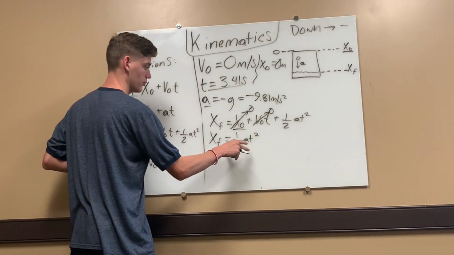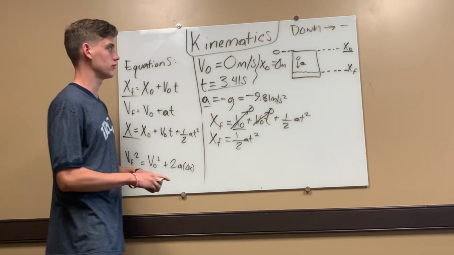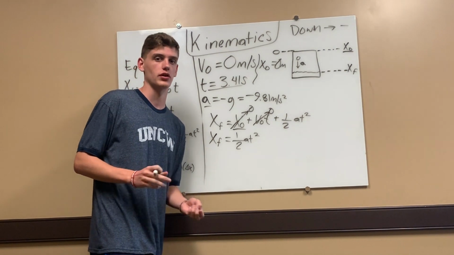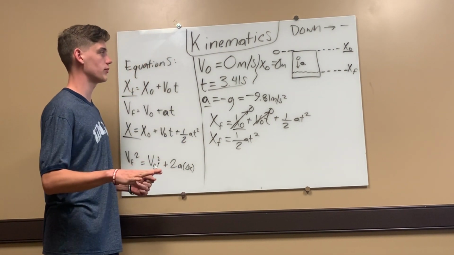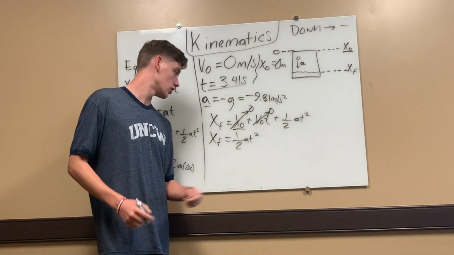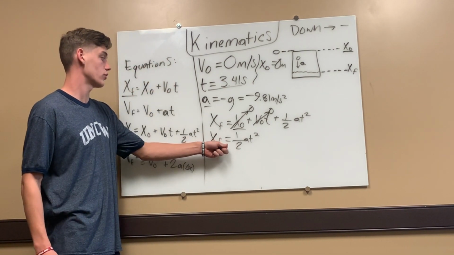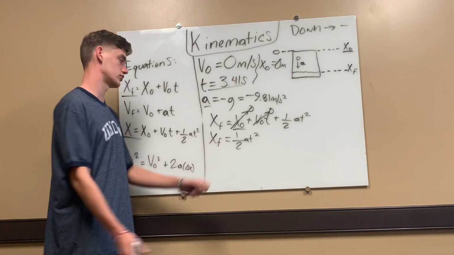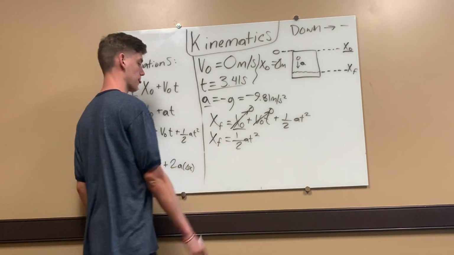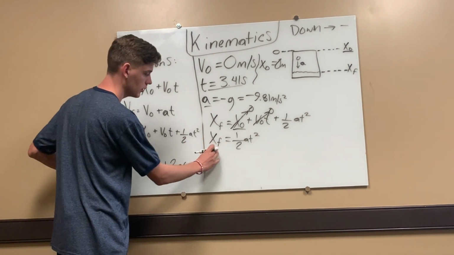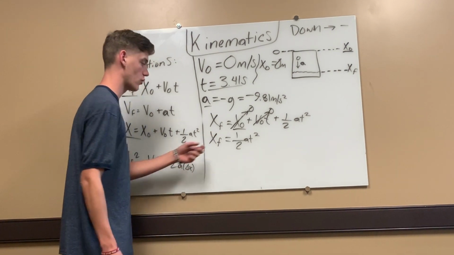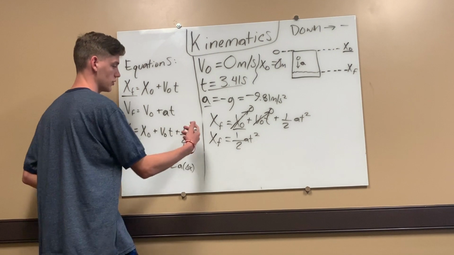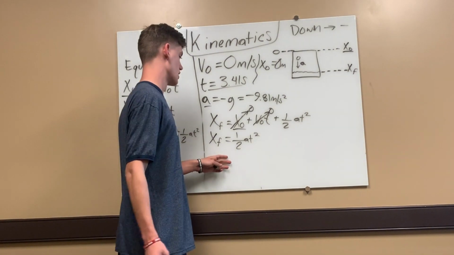This is a pretty common case: if you're dropping an object from a height with no initial velocity and letting it go into free fall, and you want to find how far it travels, you just use this. Although I'm writing an x here, it applies in the y direction as well. You could write final y if you wanted to.